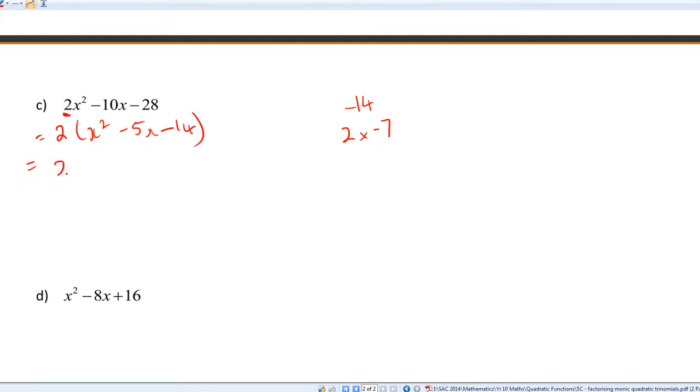So let's rewrite it. 2x squared plus 2x take 7x take away 14. Alright, so we split it.